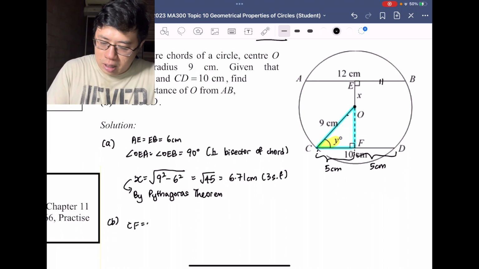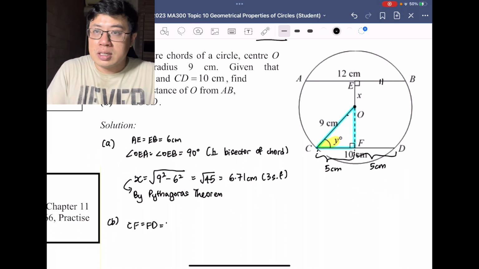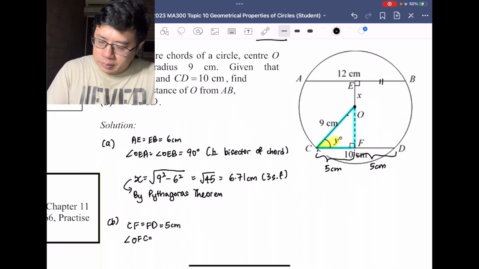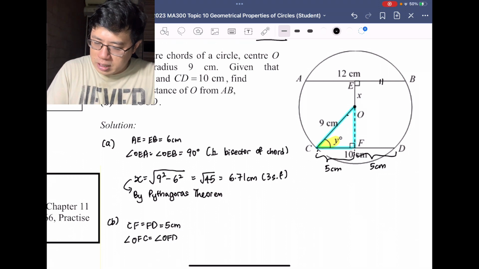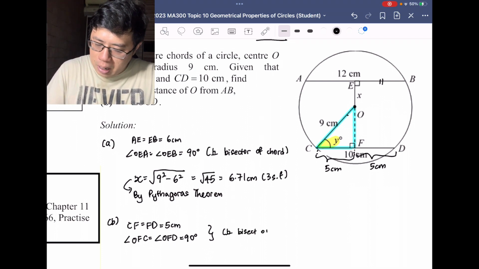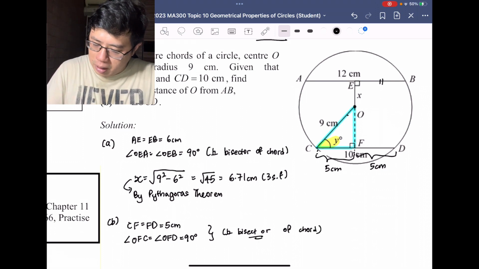So let me write CF equals FD equals 5 cm. At the same time, angle OFC is equal to angle OFD, which is also equal to 90 degrees. All these are because of the perpendicular bisector of a chord.